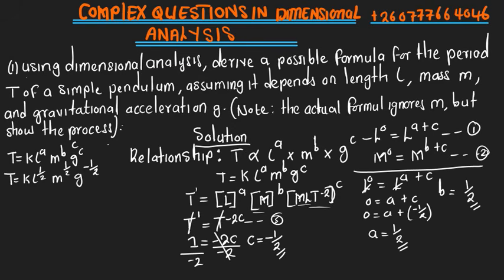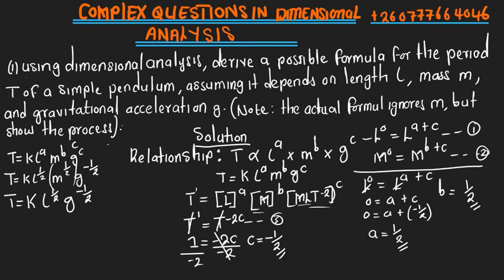The question is saying the actual formula ignores M. So we are going to ignore M. So it implies that if we're generating our final formula, we are only going to have L to the power 1 over 2 and G to the power negative 1 over 2.